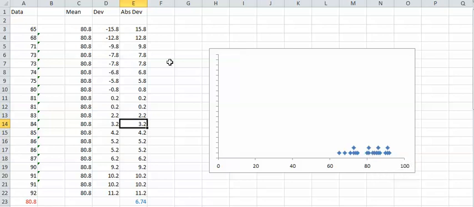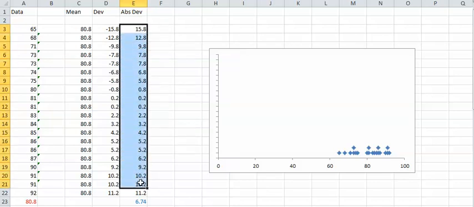So this column right here of absolute deviations tells us the distance from each individual data value to the mean. Each of these data values over here has an absolute deviation that says how far that specific data value is from the mean.